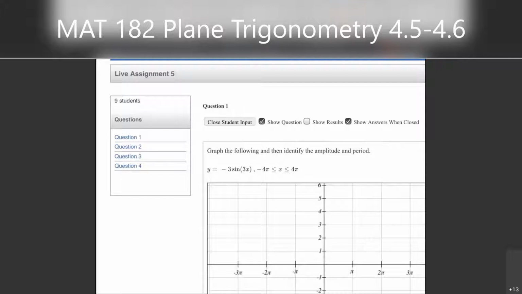So I'll open this up for you guys, and I'm just going to do this on the blackboard. It'll be easier to write out for you guys. So in this question, we want to graph the function y equals -3 sine 3x. So notice that we have a number in front of that x component. And so we do have a change in the period of our graph, or the number of cycles between 0 and 2 pi.